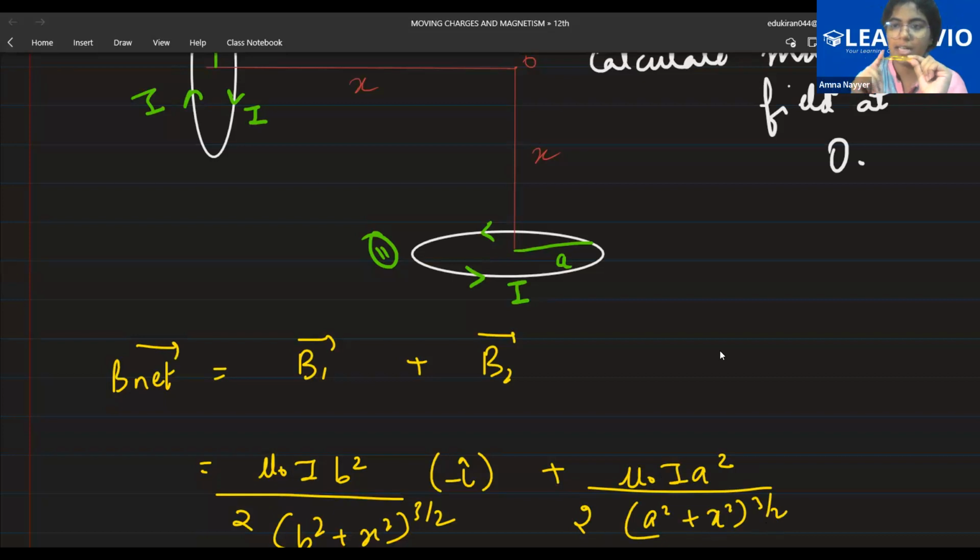So current is basically moving like this. The thumb is pointing upwards. That is j cap. If you get the values, you can substitute, take common things out, and further solve this.